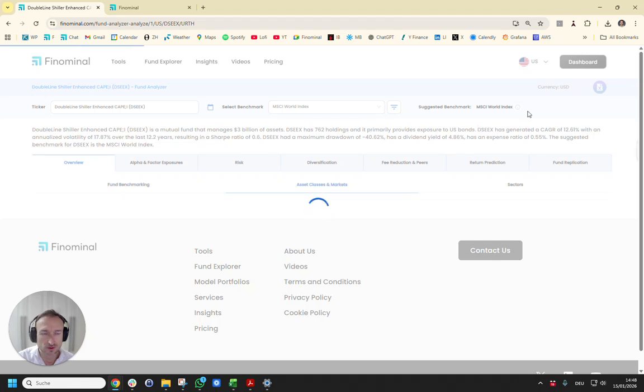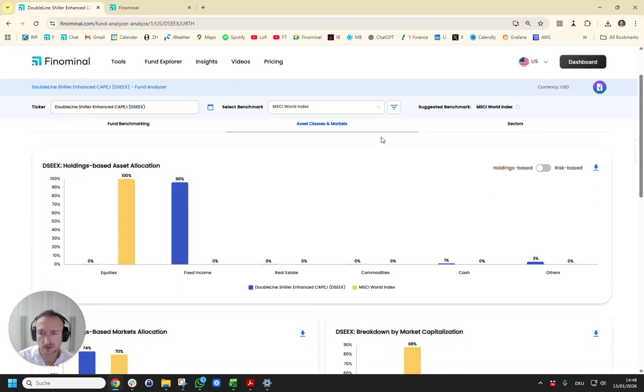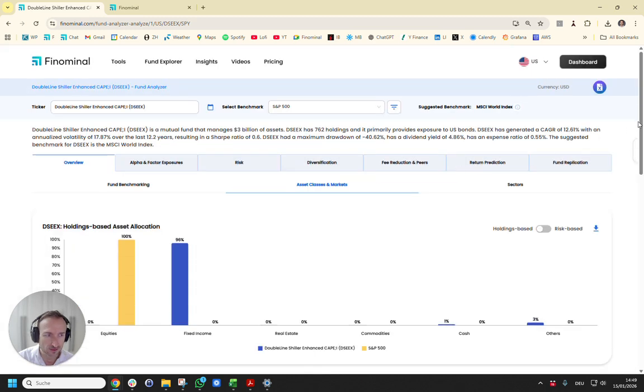We're going to kick off with a short breakdown by assets analysis. If you simply look at this holdings analysis, as benchmark I'm going to switch to the S&P 500, because that's also what we can find on the fact sheet of DSEEX.